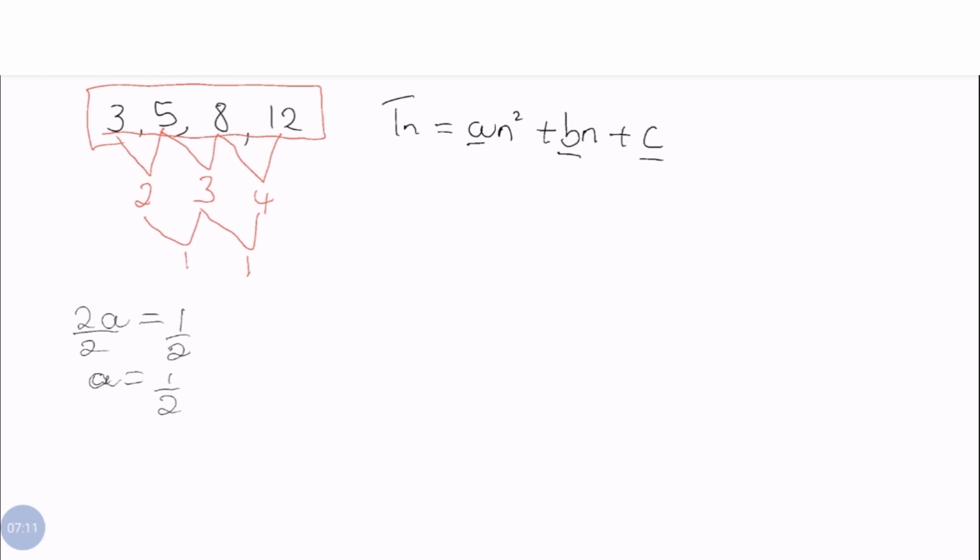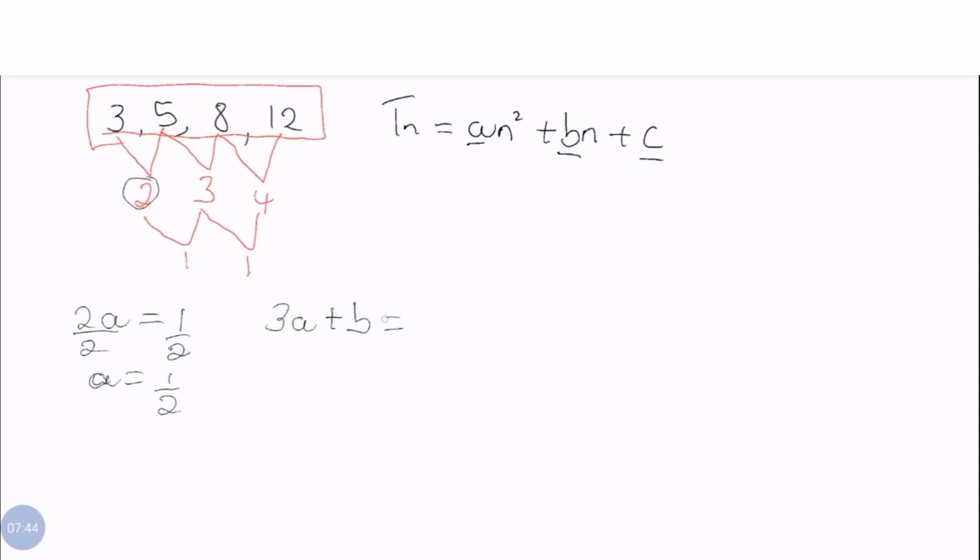Then we have another equation that helps us get b. You have to memorize these equations. So the equation that helps us get b is 3a plus b is equal to the first term of the first differences.